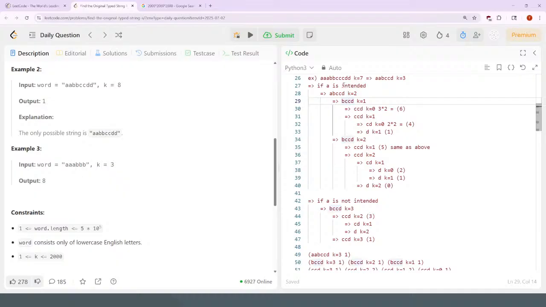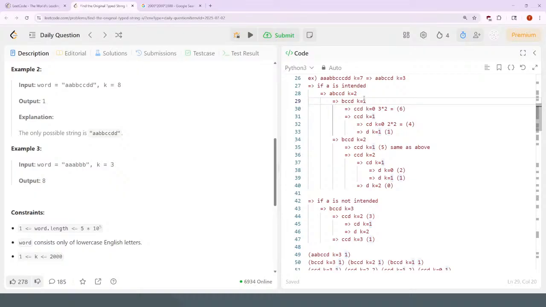Index A. Intended. Go to the next index. Decrement k. There's no intended. Jump indices. Keep k. k matches the length. Get the answer as 1 times the number of ways to get there.